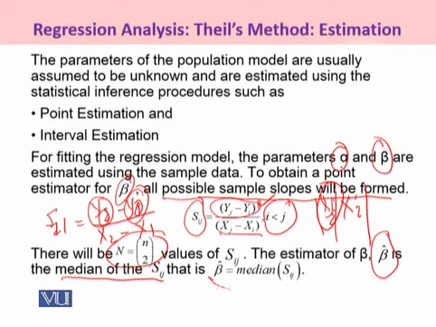You will arrange them from smallest to largest, and then pick the middle value if the number of values is odd, and if the number of values is even, you take the mean of the two central values, which gives you the median of all possible slopes. That median will be assigned to beta hat. In this way you have calculated the point estimate under Theil's method.